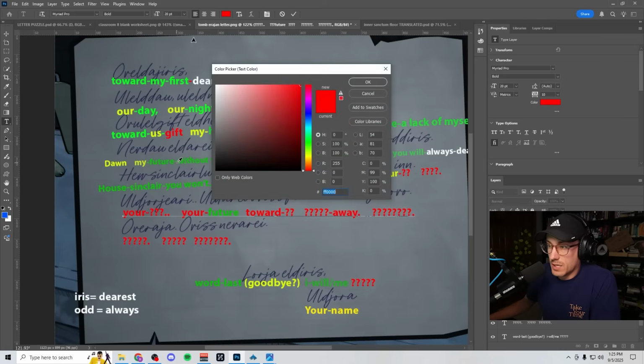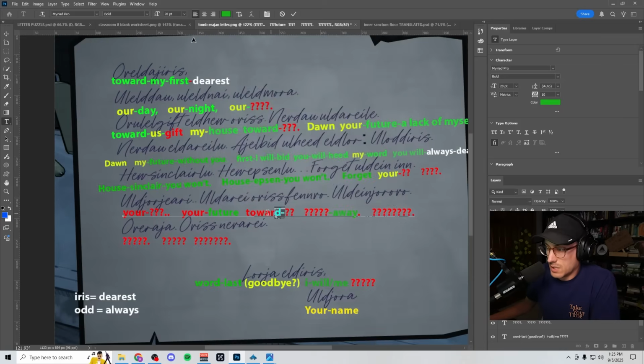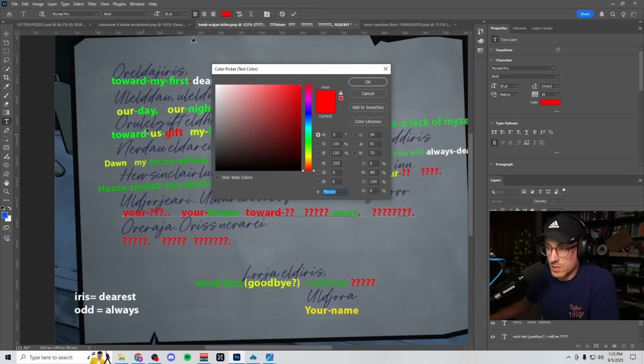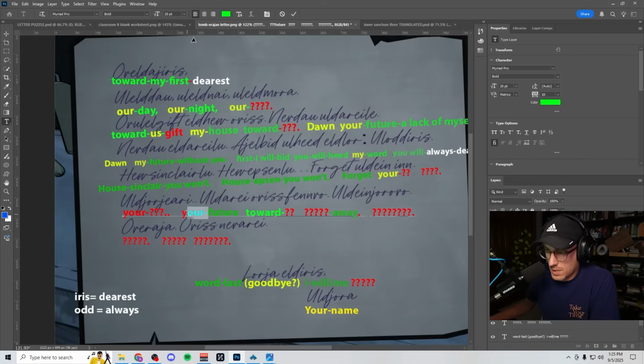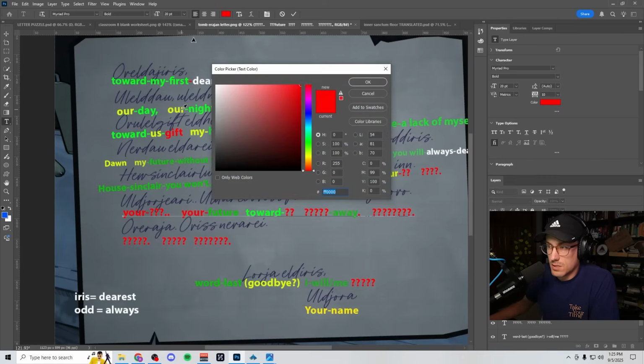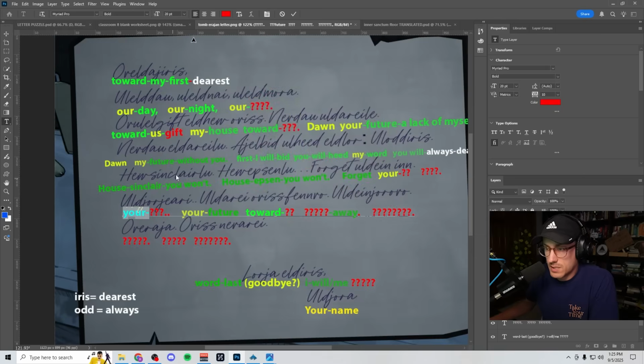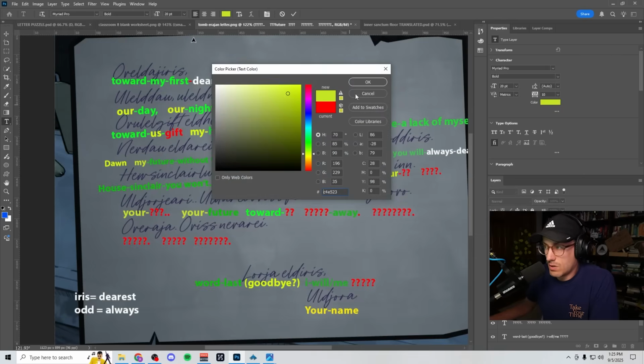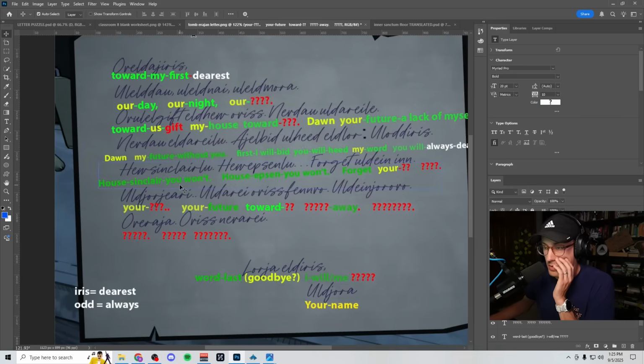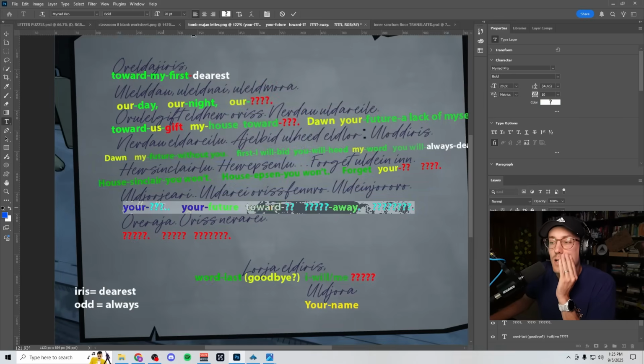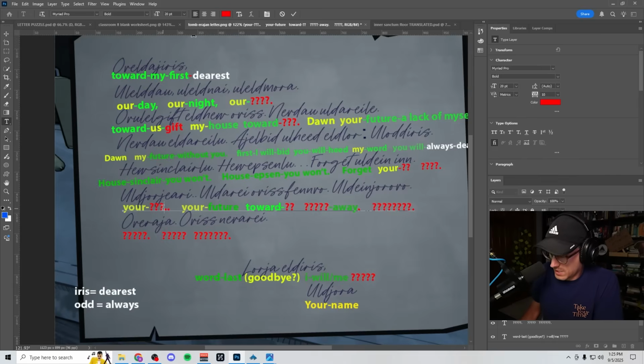So that's green because that's just a direct translation. This is yellow, and this is yellow. Oh my god, I'm so lost in the sauce on this puzzle right now. I think there's quite a few things here we don't understand, so I'm gonna put some more question marks. Okay.